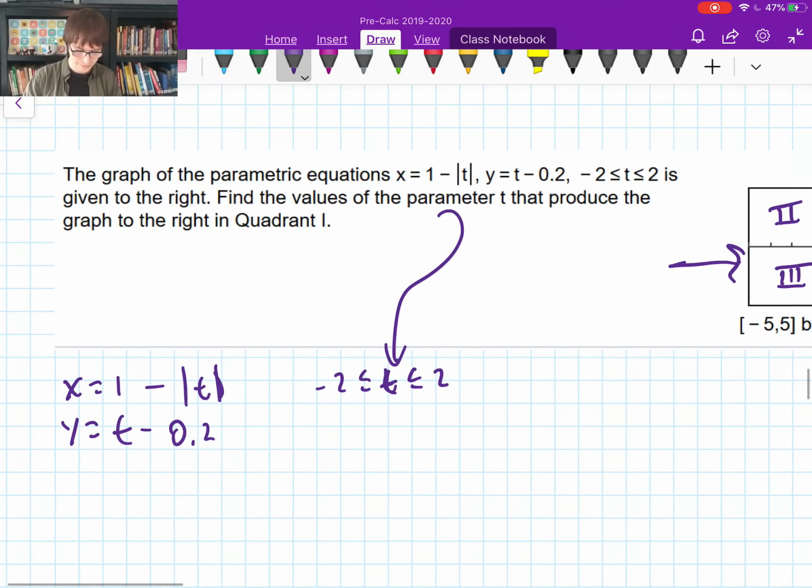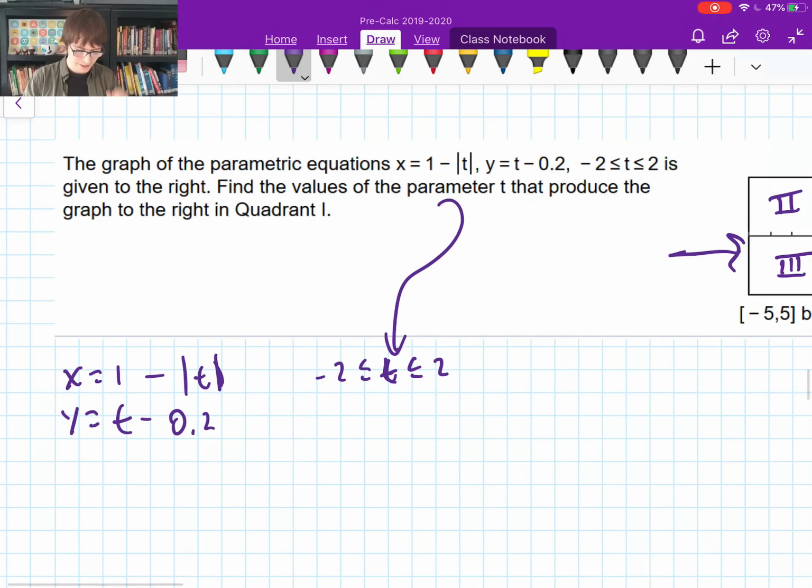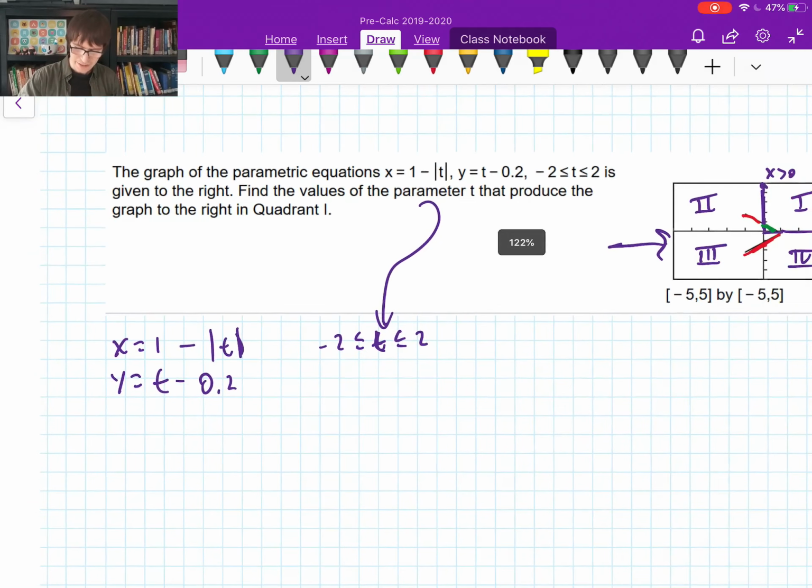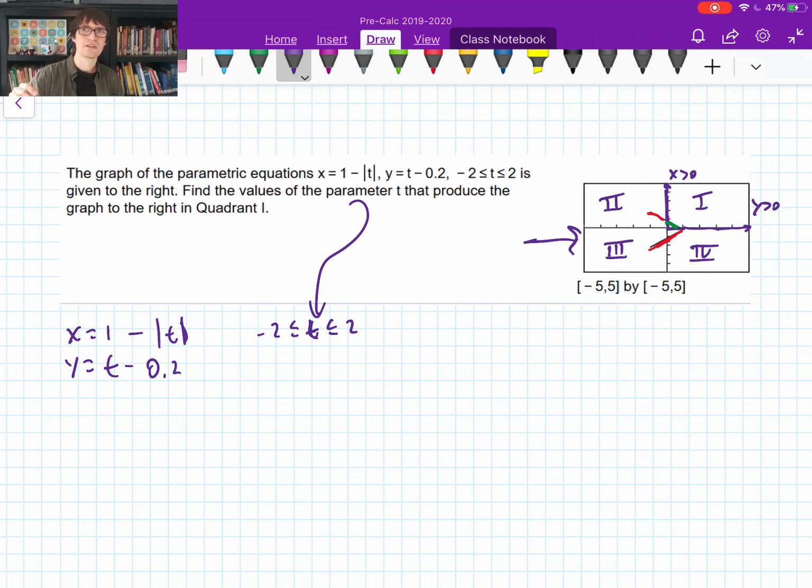Okay, x is greater than 0. How can we apply that to this? Well, we know that x is 1 minus the absolute value of t, and we want x to be greater than 0. So we can write 1 minus the absolute value of t is greater than 0.